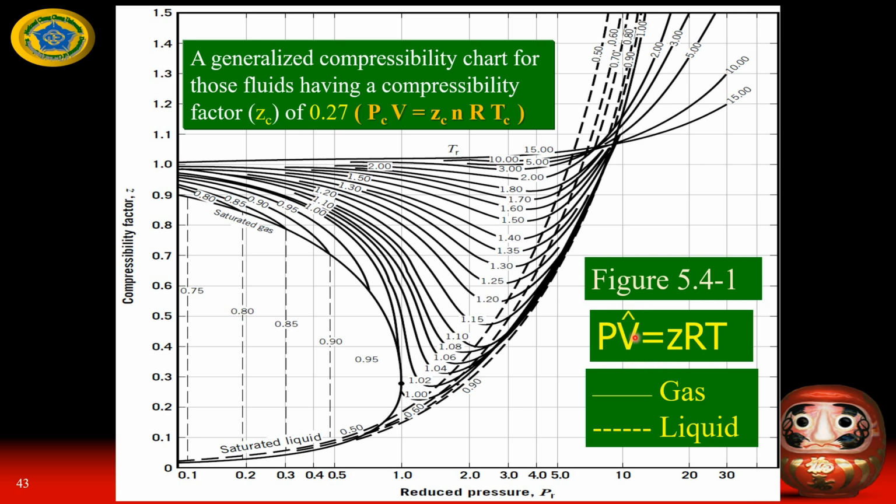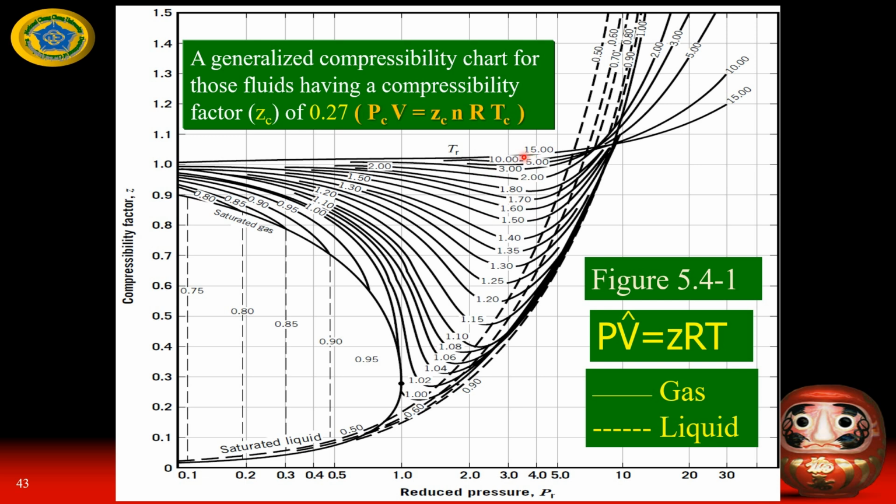So in order to find V over n, you need to find Z first. To find Z, you need to get PR and TR first. So where is TR? In order to find TR, you need TC. The solid lines here represent TR.